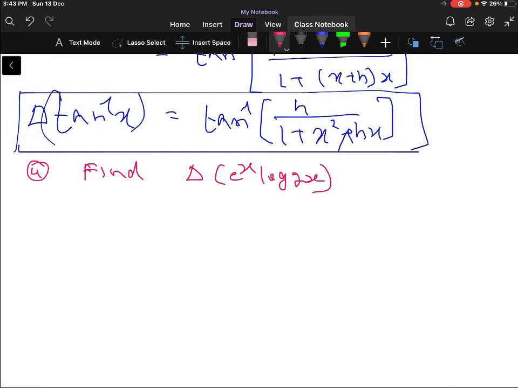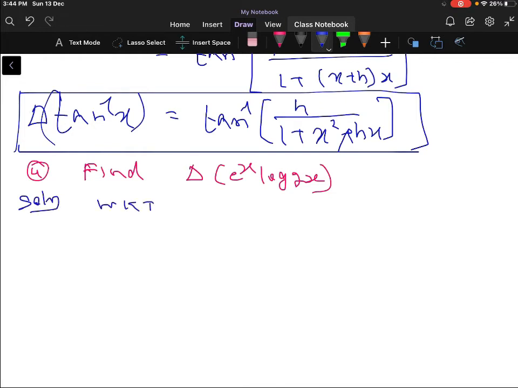Find delta of e power x into log 2x. So you have to find the first forward difference of the function e power x into log 2x. Let us move to the solution.